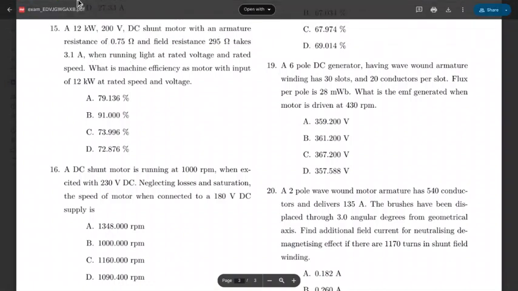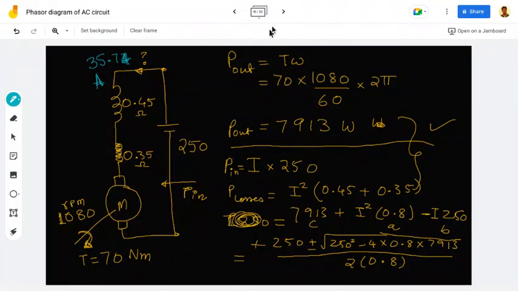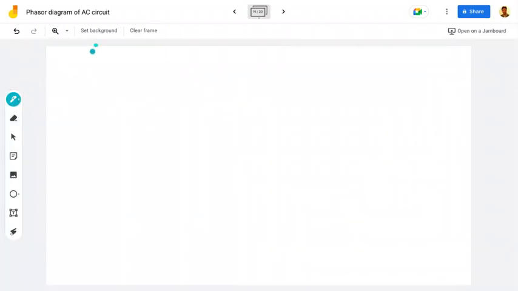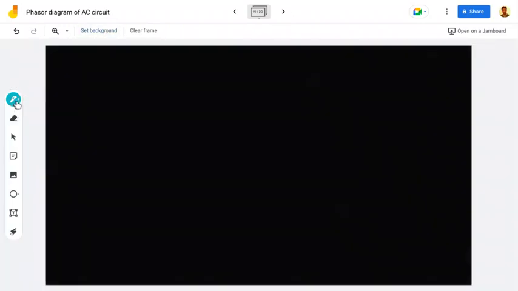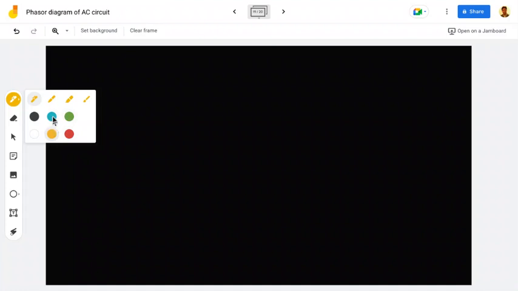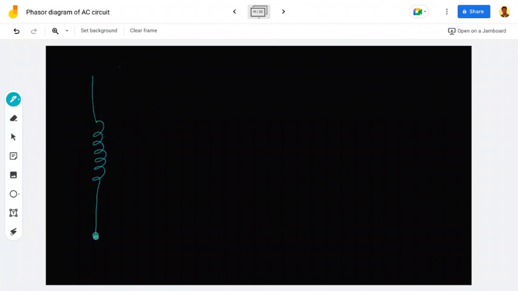So let's come to a new page and let's try blue this time. The question was DC shunt motor. Let me quickly see again, for everything you make a drawing, it helps.